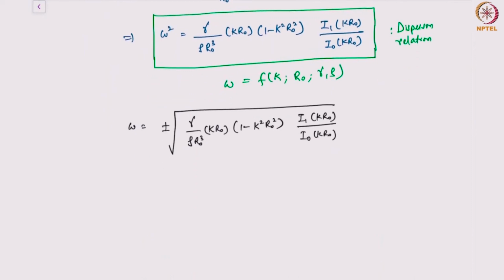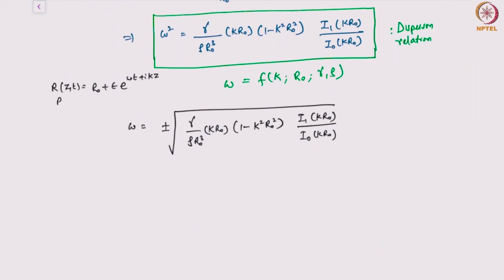It's useful to remember what we were trying to solve. We said r of z comma t is r naught plus epsilon e power omega t plus ikz. So if omega is real and positive, we have an instability, right?